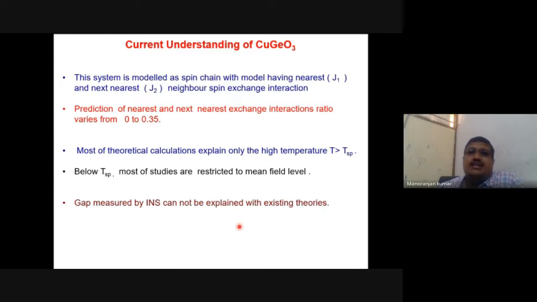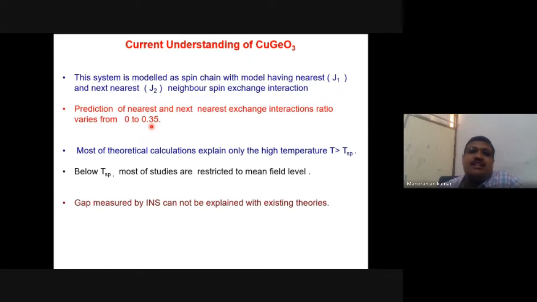So what is the current understanding of this material? The system is modeled as a spin chain with J1 as the nearest neighbor exchange and J2 as the next nearest neighbor exchange. The predicted ratio J2 by J1 is approximately 0.3.